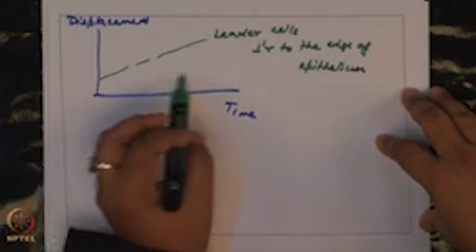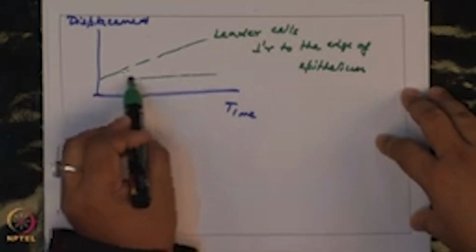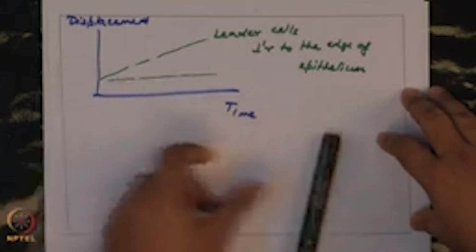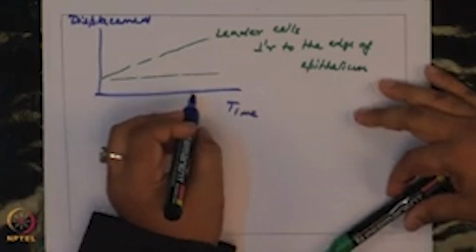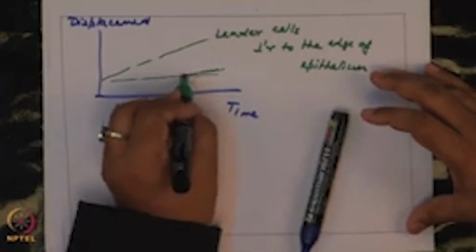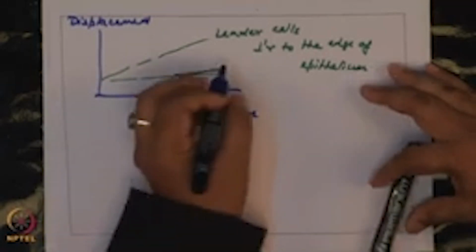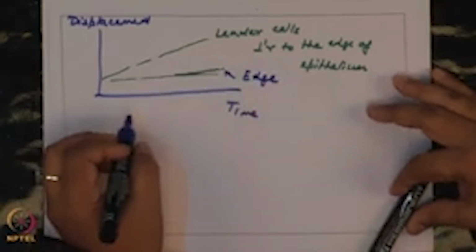In contrast, the follower cells, so this is the displacement of the follower cells, they were migrating much more slowly as a function of time. These are the free edge which contain most of the follower cells.